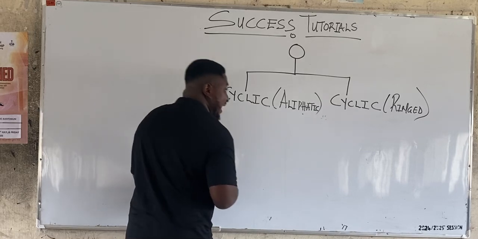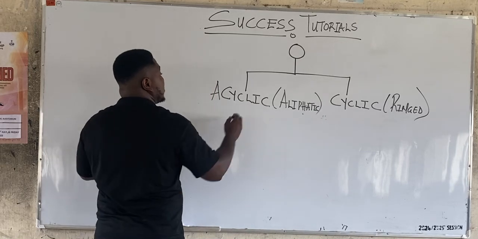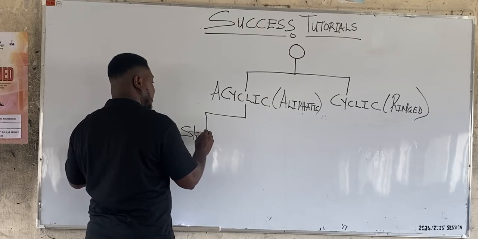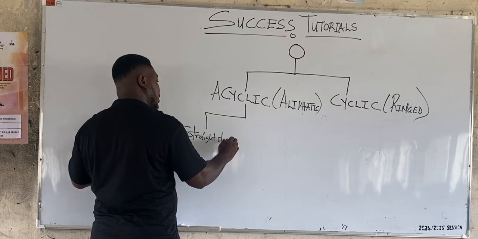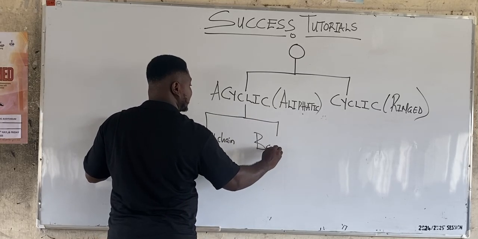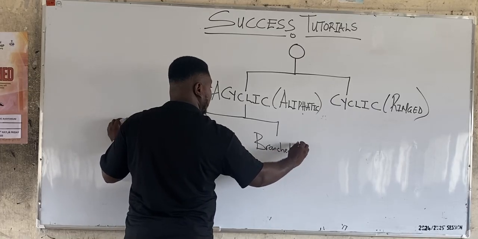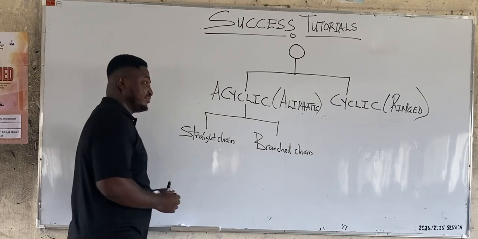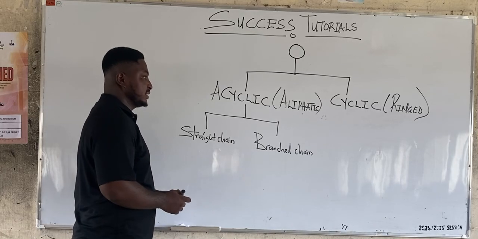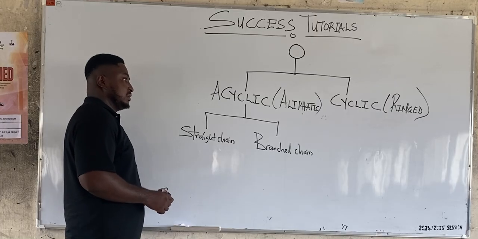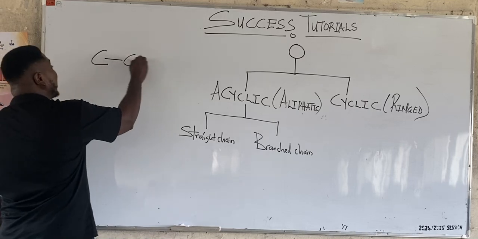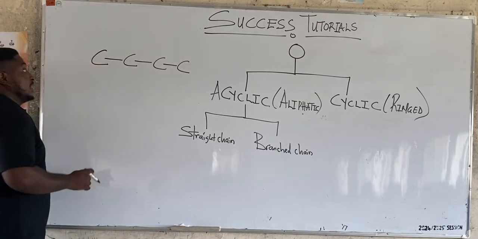Under this acyclic class, which means aliphatic, we can still have what we call straight chain and branched. Class, if an organic compound just has a continuation of carbon without any branch, any of the carbon branching, it is a what?